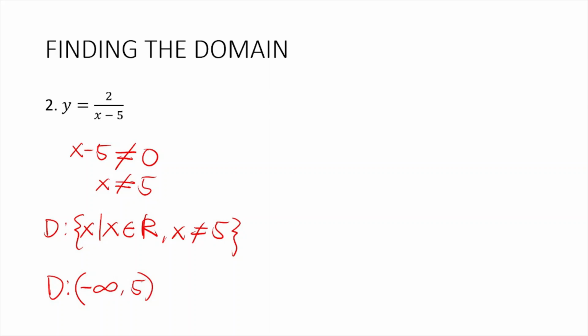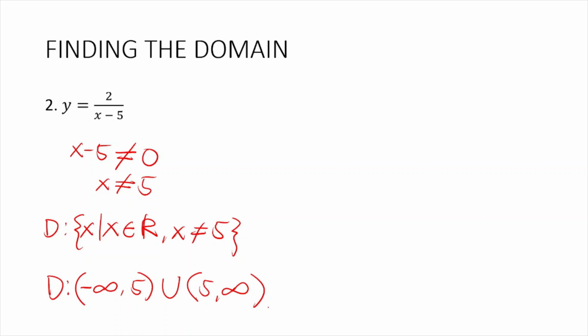This is excluding 5, that's why I'm using parentheses, close parentheses in this case. And then we take the union of this interval with the interval starting from 5, again not including 5, because we don't want our x to be 5, right? So from 5, excluding 5, to positive infinity.